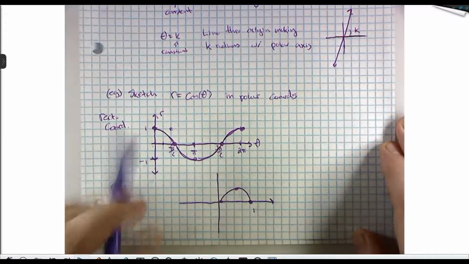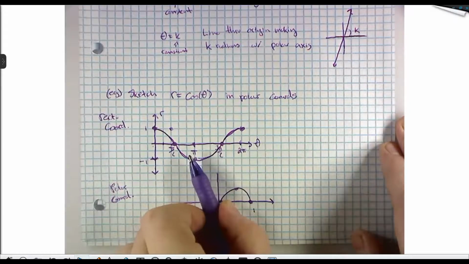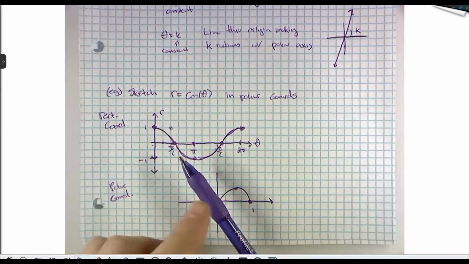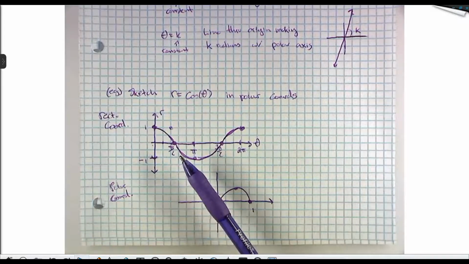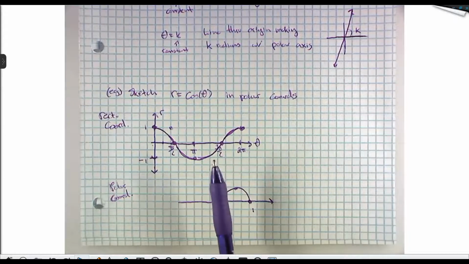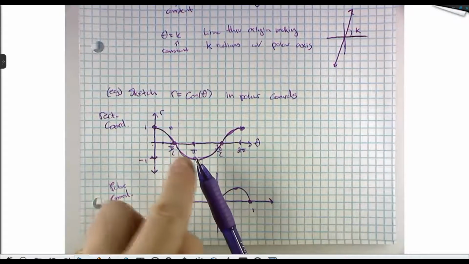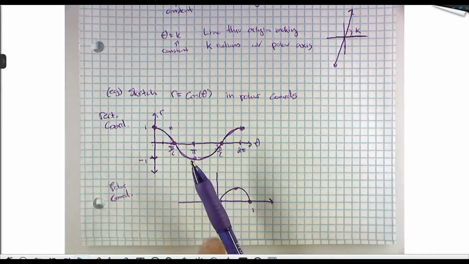And now, as you rotate past pi over 2, your little guy's radius is negative. Remember I told you I like to think of negative radii as reflecting over the origin. This is why. Because as I rotate just a little bit past pi over 2, my radius is no longer 0. It's negative now. It's going towards -1.